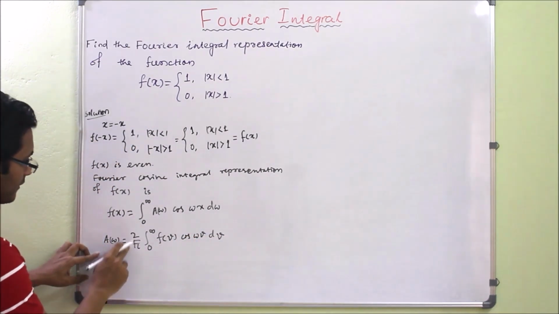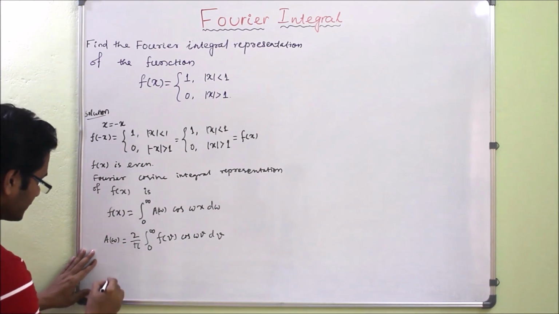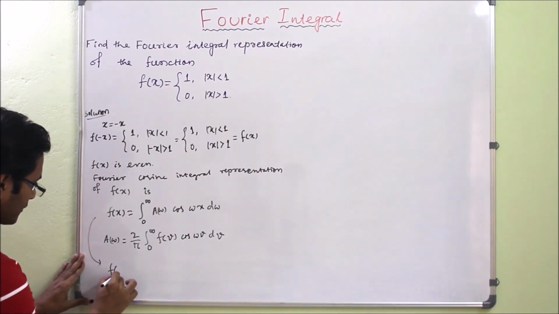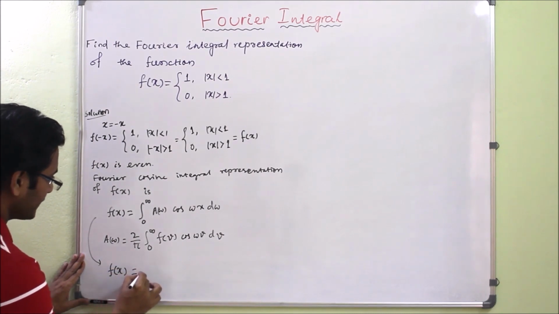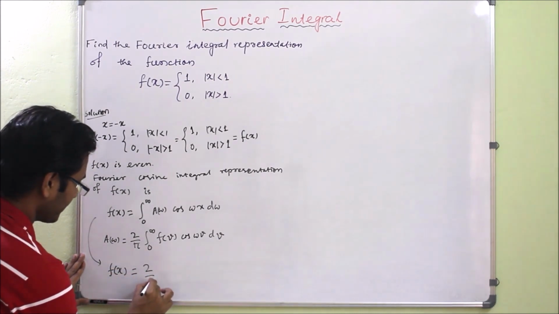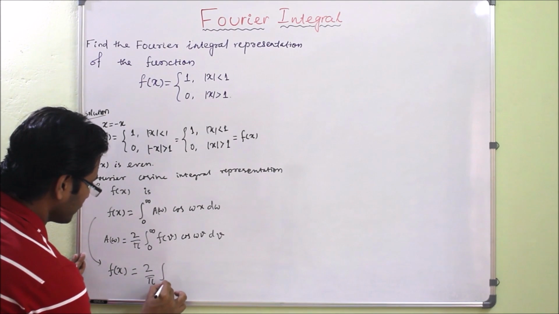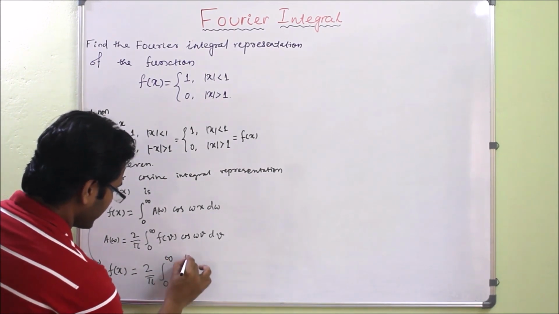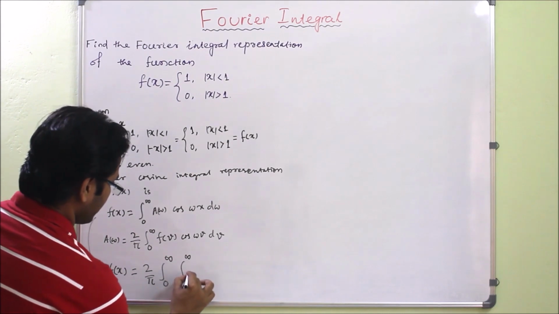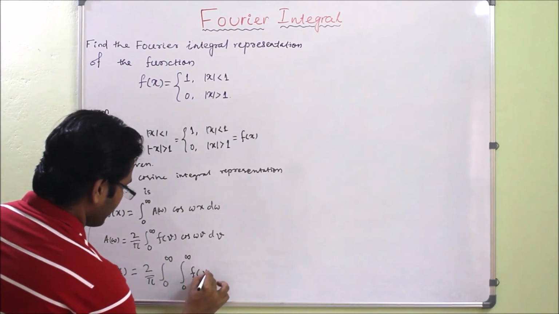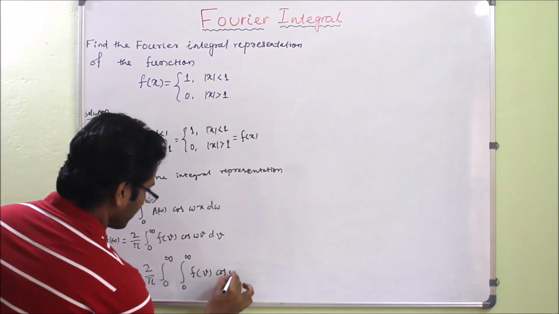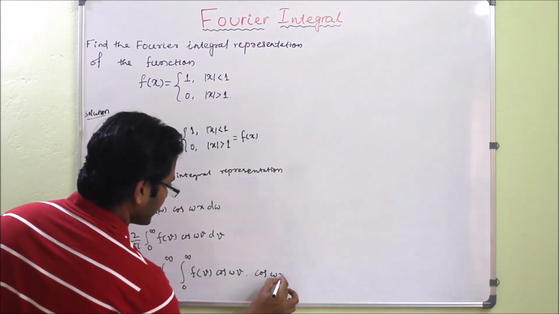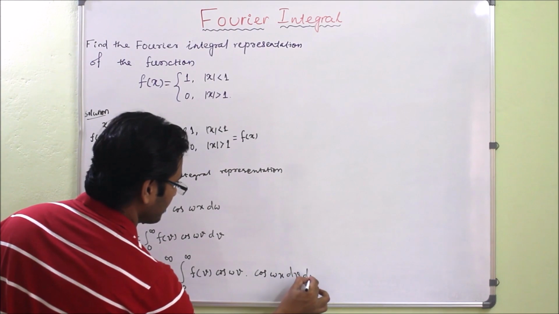Now if we put A of w here in f of x, the full expression is 2 by pi, integration 0 to infinity, another integration 0 to infinity, f of v cos wv into cos wx dv dw.